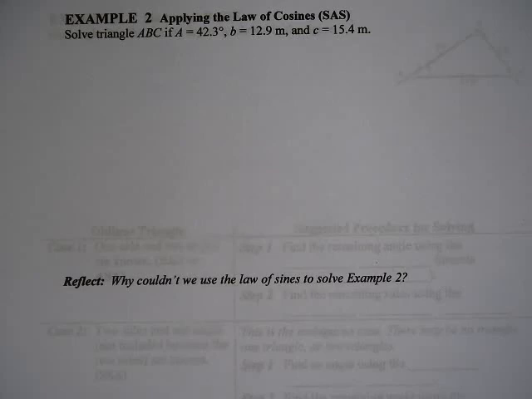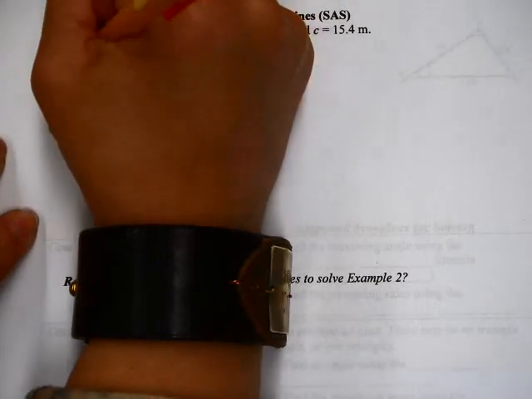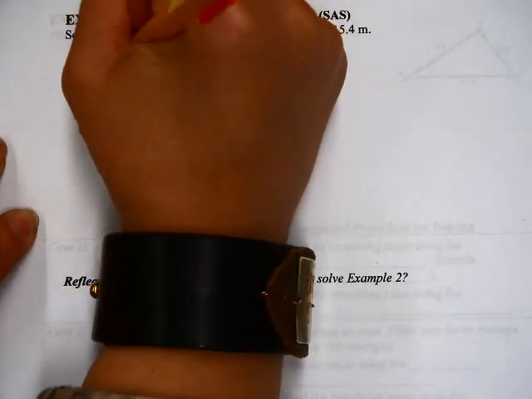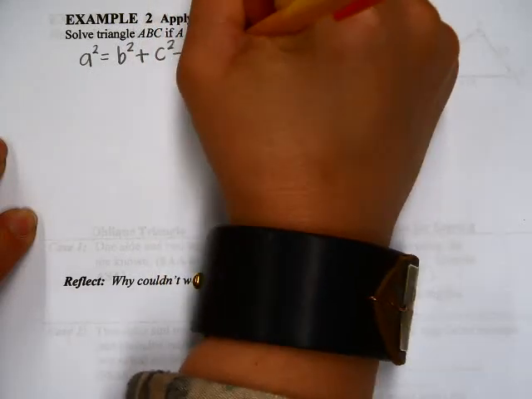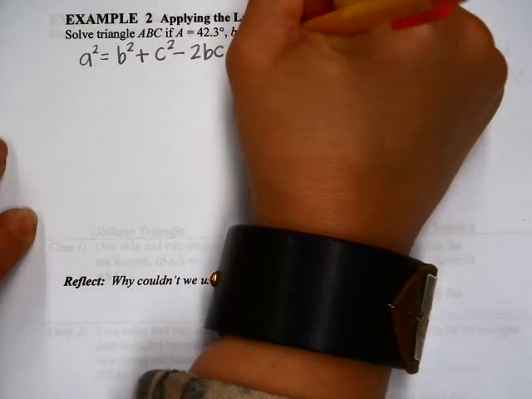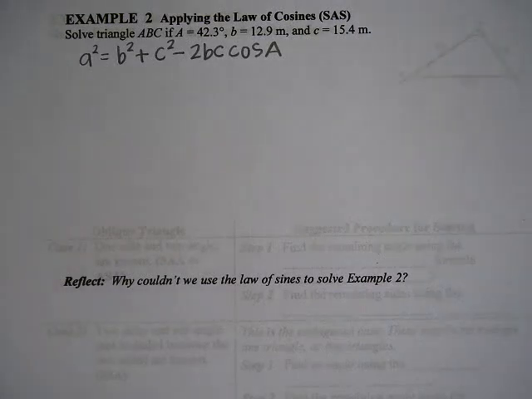Based on that, what formula are we going to use? We're going to use the law of cosine, specifically which one? The a squared equals b squared plus c squared minus 2bc cosine of big A.